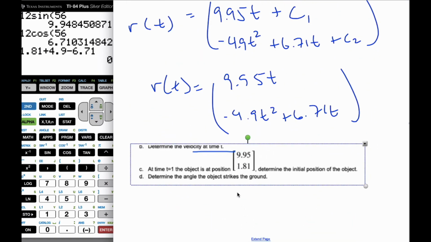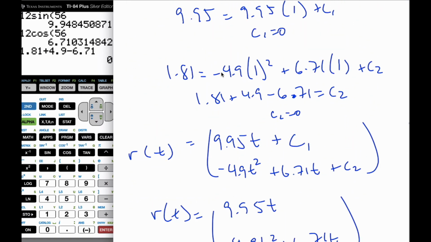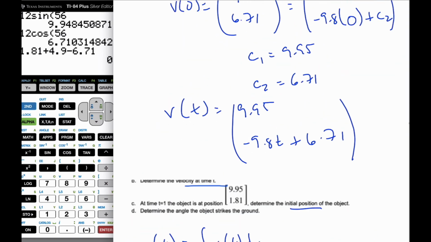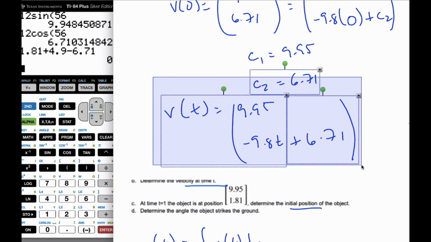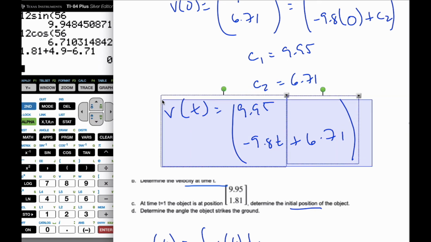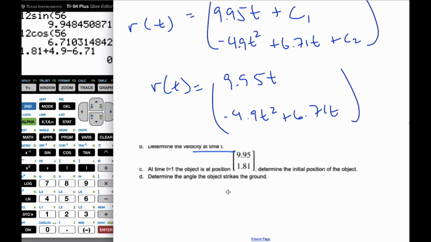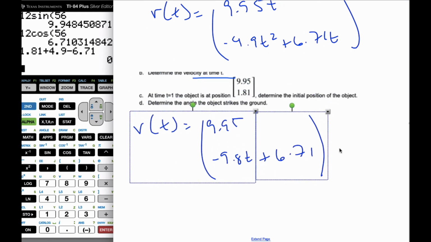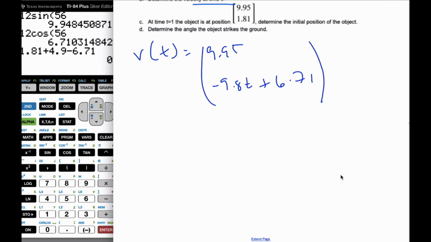If I want to find the angle at which it strikes the ground, I need my velocity vector. Here's my velocity vector. If I want to see when it hits the ground, the velocity comes down, and it comes down.